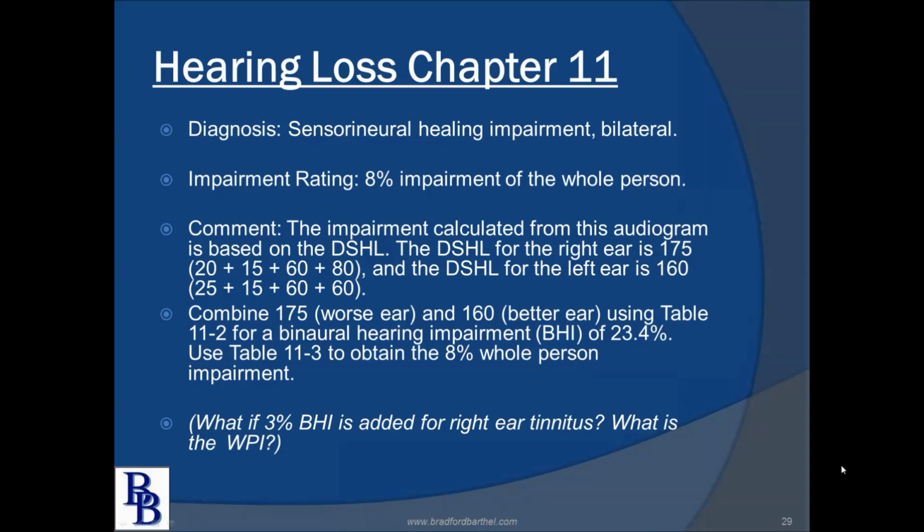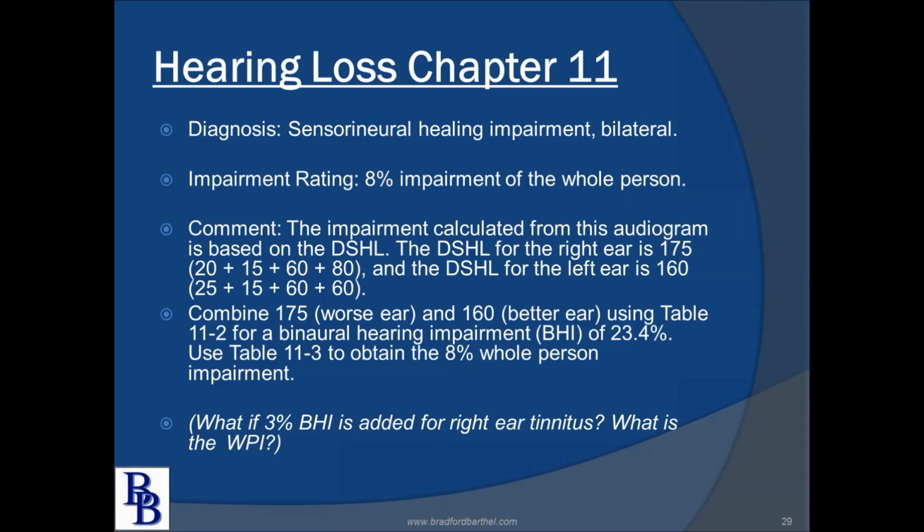So those 4 are added. So the DSHL for the right ear, just adding those 4, is 175. For the left ear, it's 160. So you combine these using table 11.2. If we combine them, 175 for the worst ear goes along the left-hand column of the table, and I'll show that in just a moment. 160 goes across the bottom.